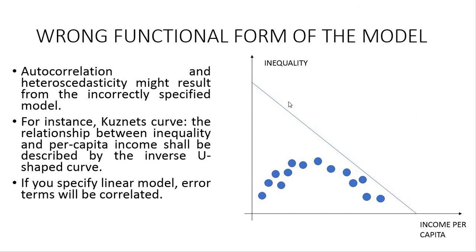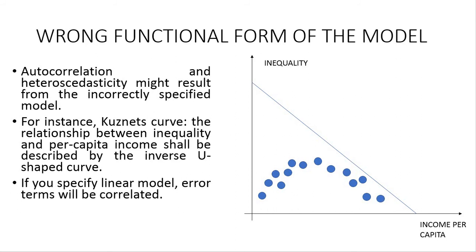If you still specify the model as a linear model, you might end up with something like this. This will result in both autocorrelation, because take a look, the value of the residual will decrease and decrease and decrease. So there will be negative autocorrelation, and heteroscedasticity, because the variance will not be constant.